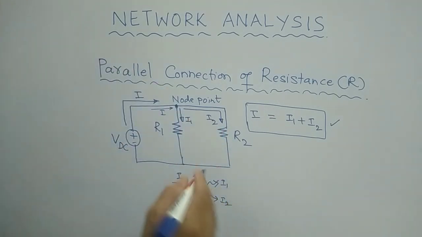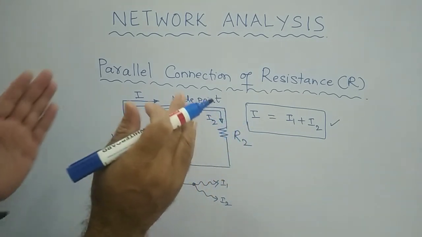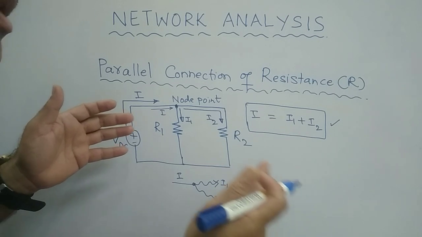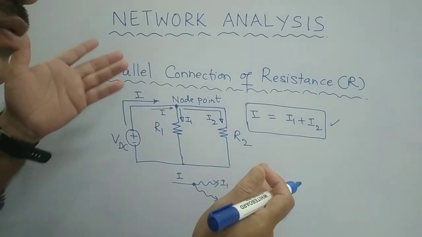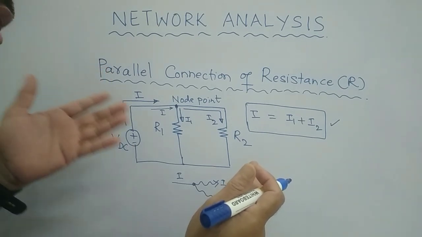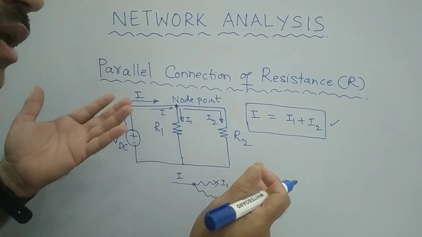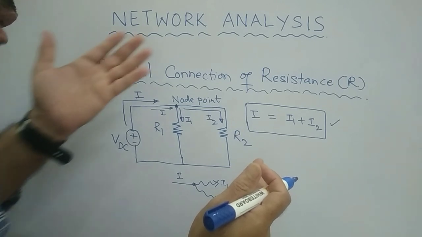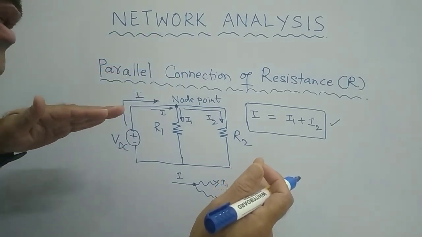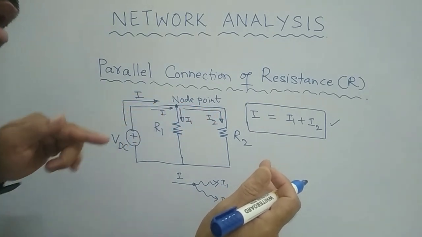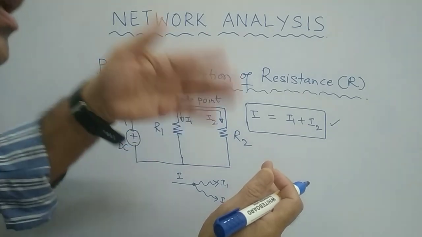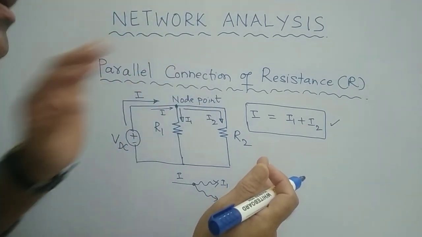Whenever the resistors are parallel, different currents flow. It's not the same current as in the case of series connection, which we have seen in our previous presentation. In the previous presentation under our network analysis subject, I explained that whenever resistances are connected in series, the same current flows through all the resistances in the series.